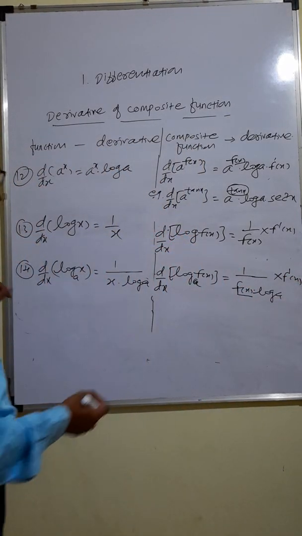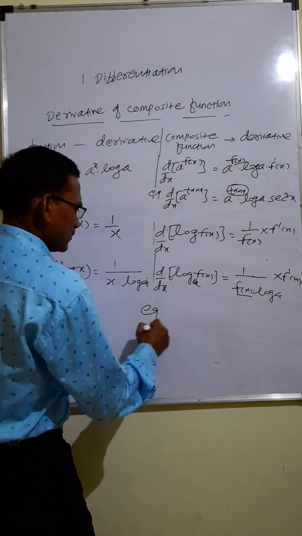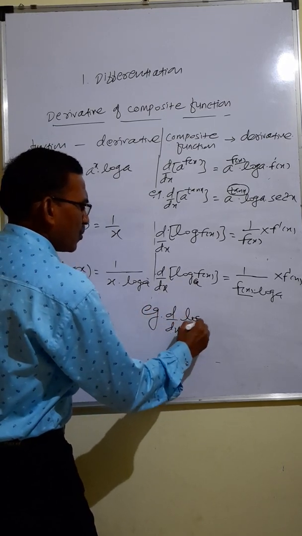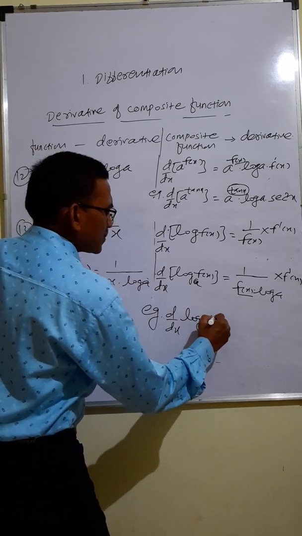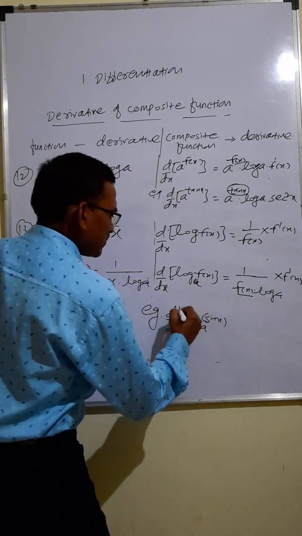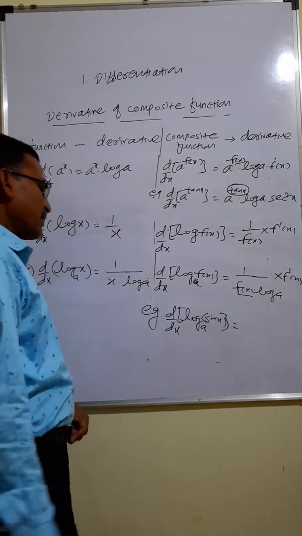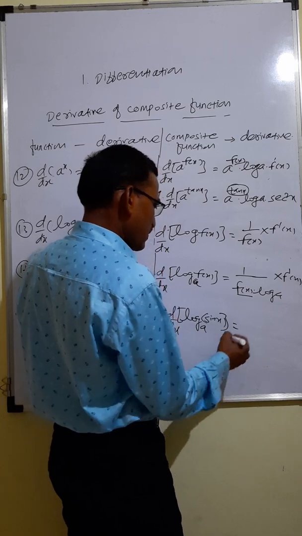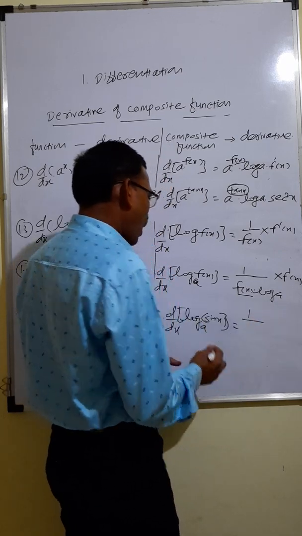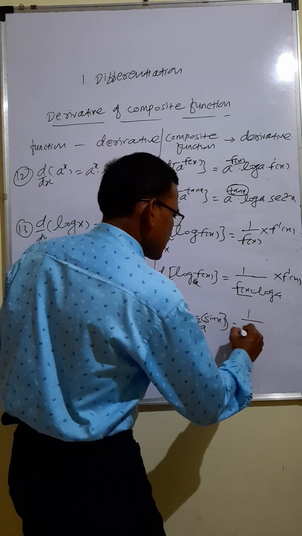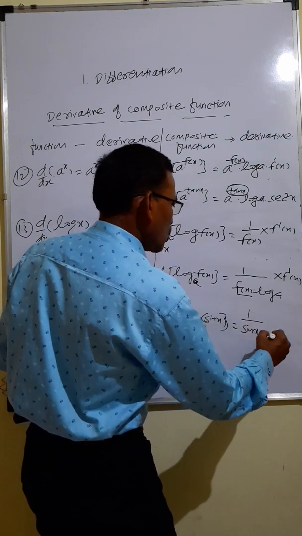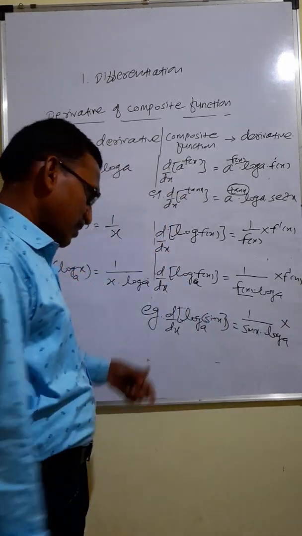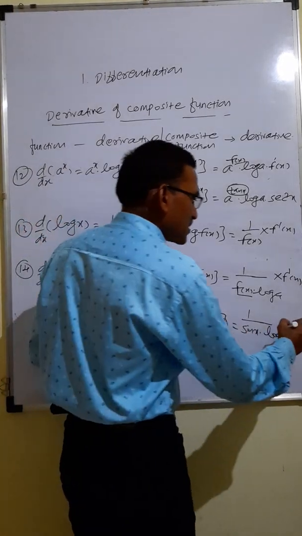We take its example here. The derivative of log of sin x to the base a is equal to 1 by sin x into log a into the derivative of sin x, which is cos x.